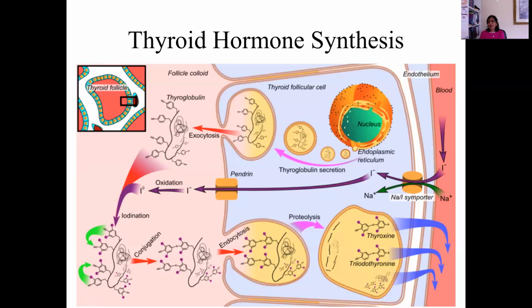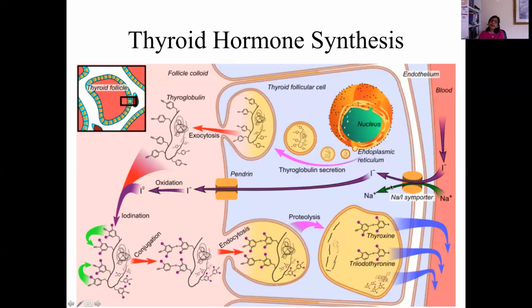Another side note for us to make a note of here is the role of TSH. TSH is the hormone that triggers or promotes a number of steps in the process of synthesis of thyroid hormones.